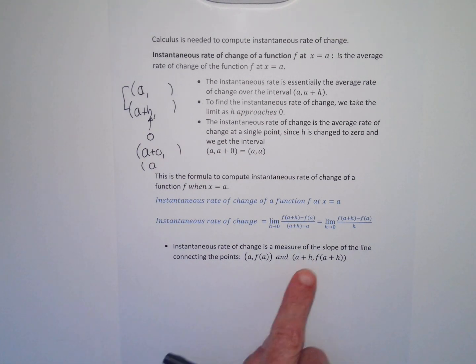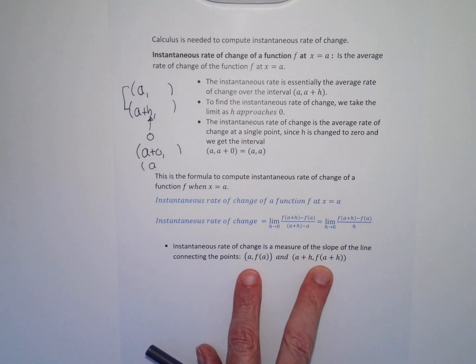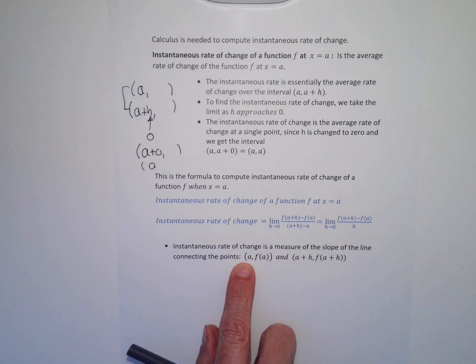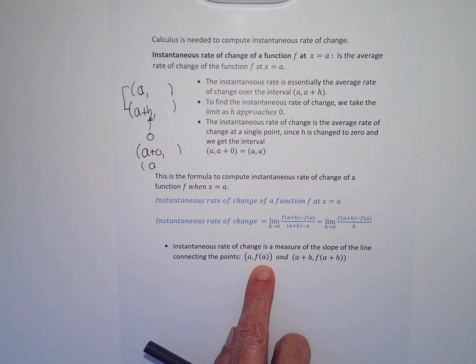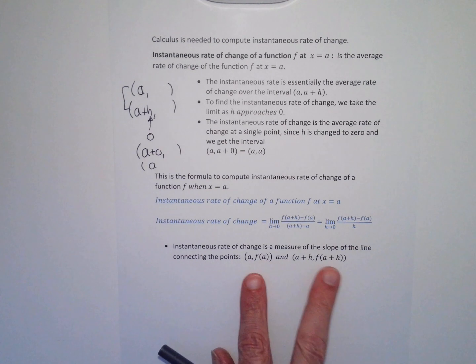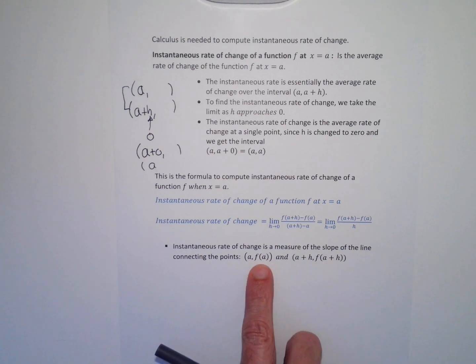So the instantaneous rate of change is a measure of the slope between 2 points, the points that have x coordinates of a and a plus h, and y coordinates of f evaluated at a and f evaluated at a plus h. In the numerator, I'm subtracting the y's, the f of a plus h minus f of a.